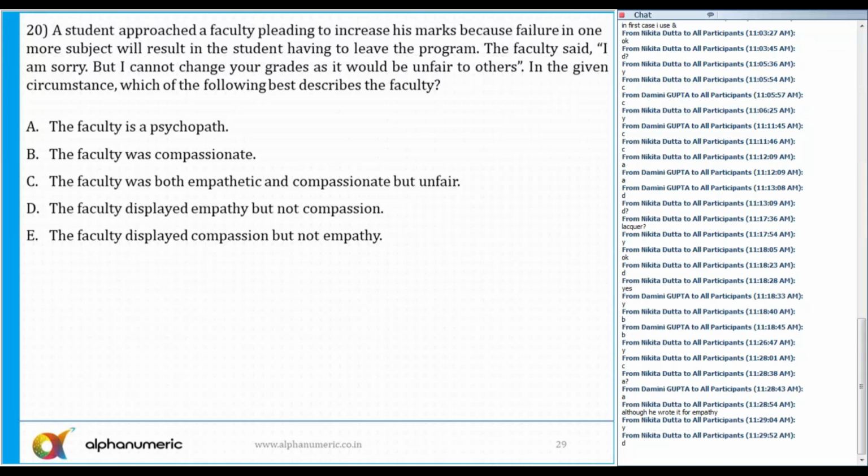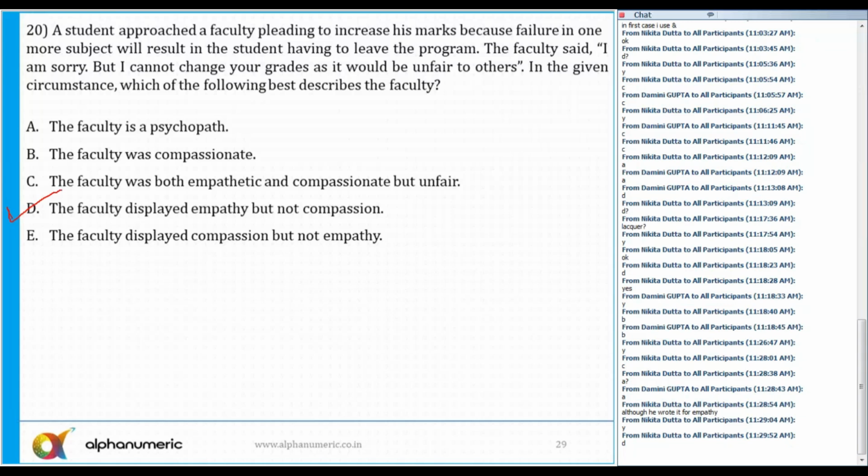Because the faculty is not taking any action, there is no compassion. He does not care about this particular student. But he is putting himself in the shoes of other students for whom it is going to be unfair. So yes, number D, he is displaying empathy, but he is not displaying compassion. Absolutely, number D is the answer for question number 20.